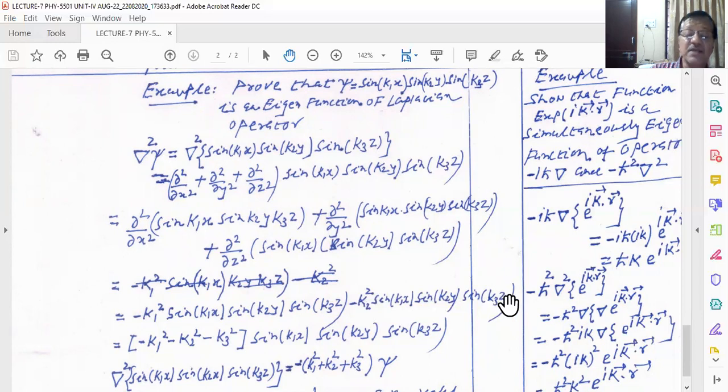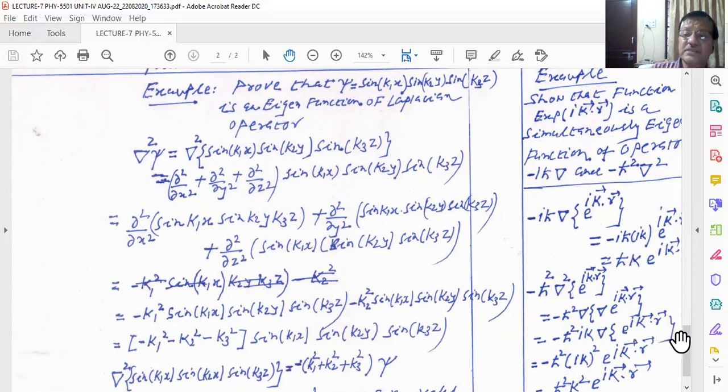That term is missing, so please note down that this term is missing here. Then you can take sine k1 of x, sine k2 of y, and sine k3 of z common from all the terms. So you have minus k1 square, minus k2 square, minus k3 square, right? And sine k1 of x, sine k2 of y, sine k3 of z is simply your psi.